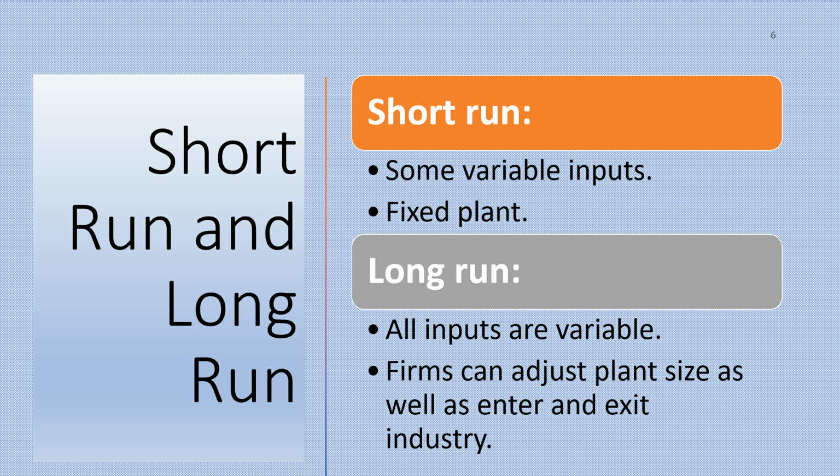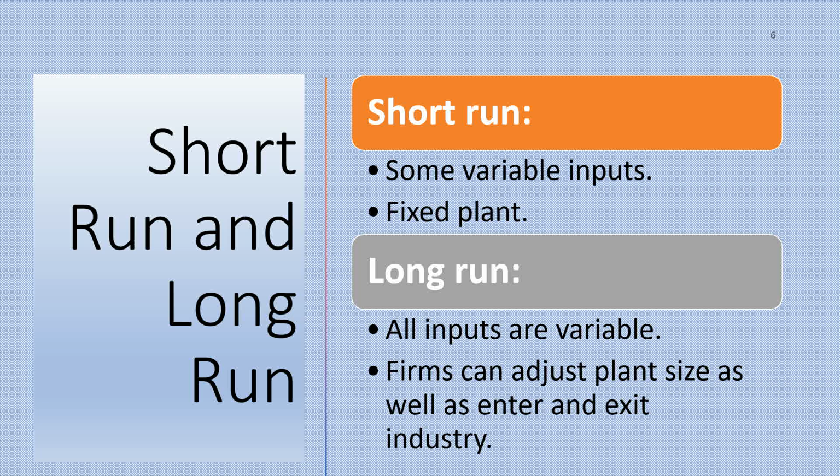What we're going to do today is look at decisions that managers make in the short run versus the long run. Today's focus will be on the short run. Think about the kind of decisions managers have to make in the short run. A lot of times it's how many workers should I hire? What should our output be? Let's think of a simple manufacturing situation where you're making chairs.